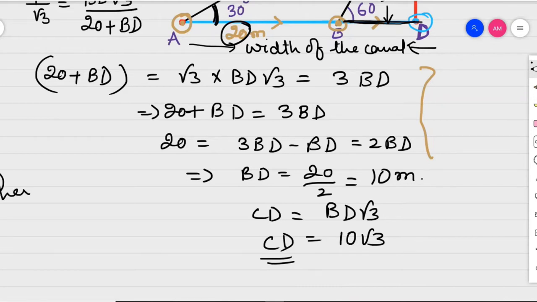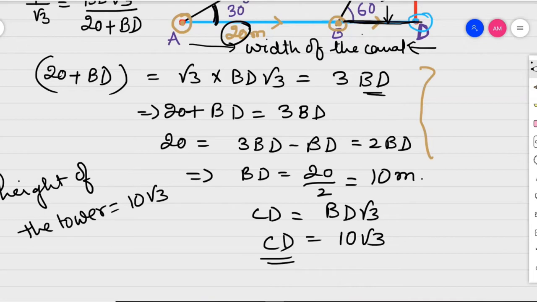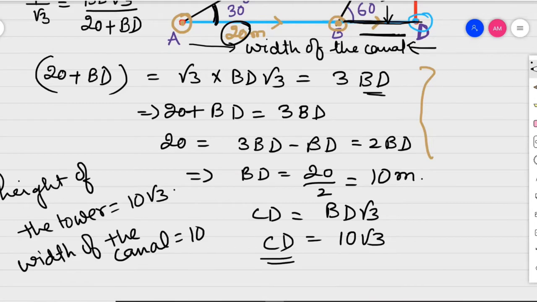So height of the tower is equal to 10 root 3, and BD was the width of the canal. So width of the canal is equal to 10. Both are in meters. Please do not forget to write the units. So height is 10 root 3 meters and width of the canal is 10 meters.